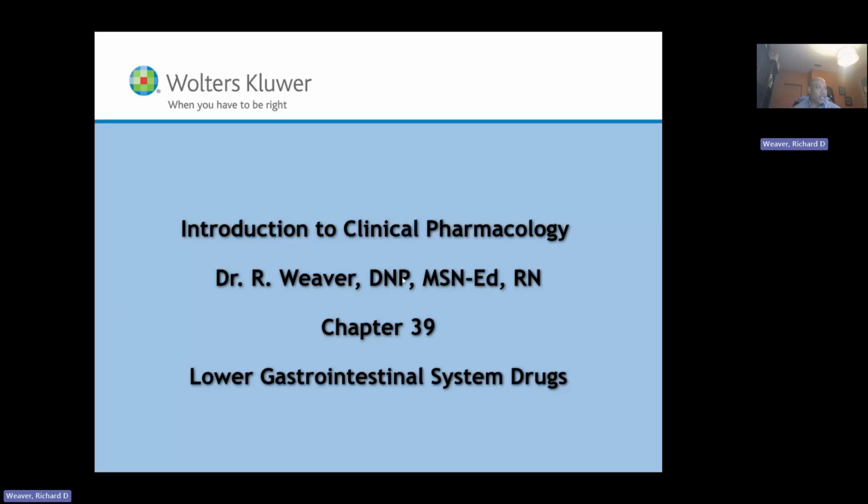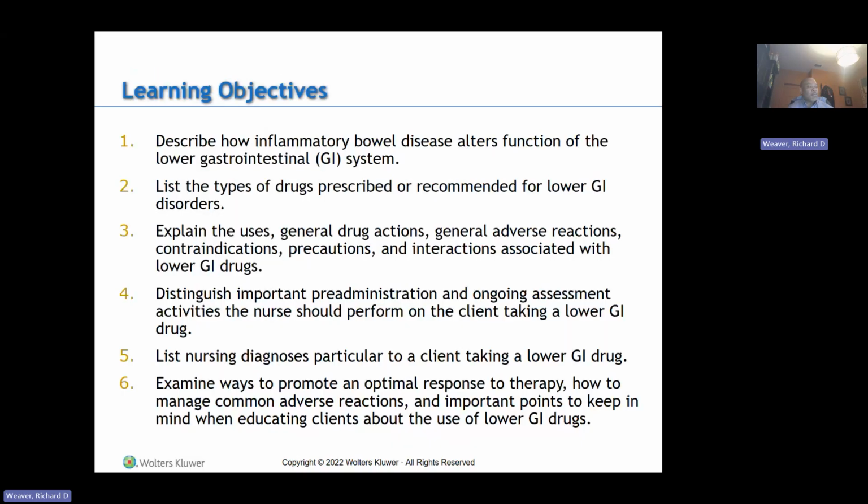All right, so let's take a look at the objectives here quickly. You should be able to describe how inflammatory bowel disease alters function of the lower gastrointestinal system. Number two, list the type of drugs prescribed or recommended for those lower GI disorders.